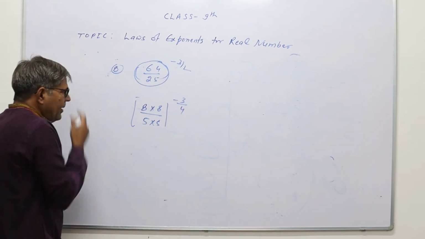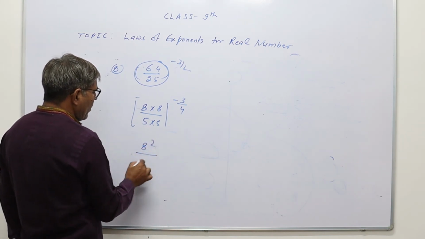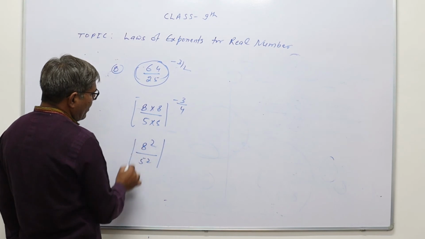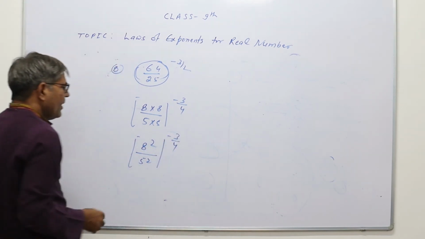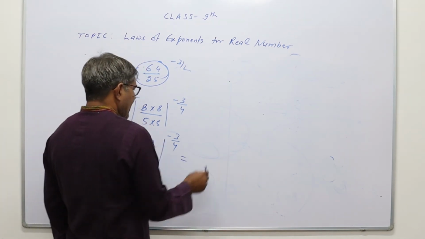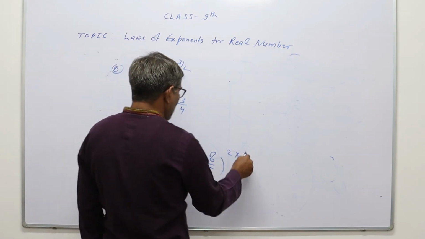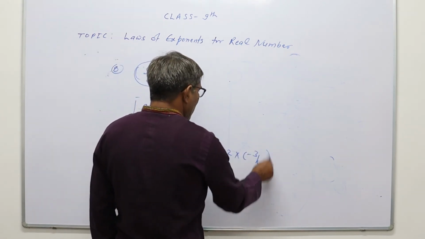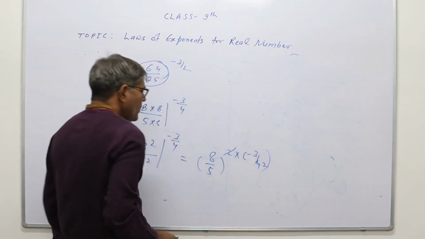So now this can be written as 8 square whole upon 5 square whole power minus 3 by 4. So it will be equal to 8 upon 5 whole square into minus 3 by 4. So this will be cancelled out as 3 by 2.